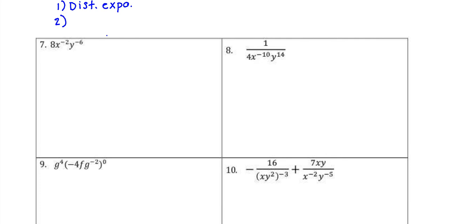Number 2, simplify numbers, meaning 4 squared equals 16. Number 3, combine numbers and like bases.